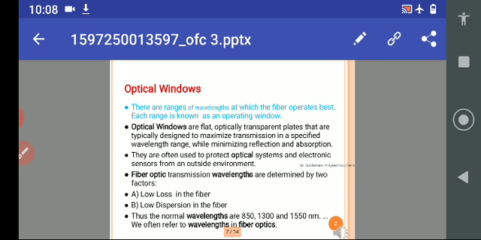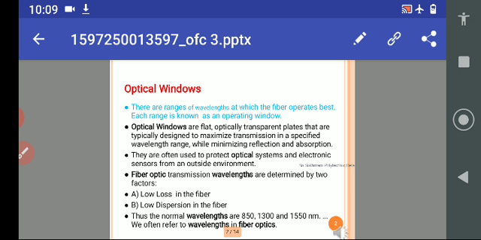At the same time, we should experience minimum reflection and losses. These are used to protect the optical systems from the external environment.